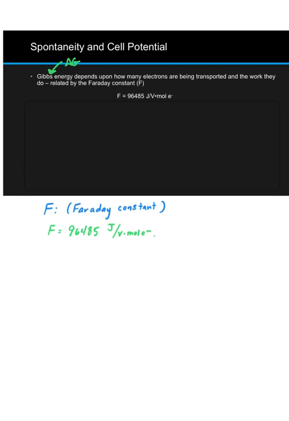Thus, to get units of energy all by themselves, we would need to multiply this Faraday constant by something that's got quantities of volts and another quantity in moles. What that ultimately looks like is that the energy associated with an electrochemical cell, delta G, under standard conditions, is given as N, number of moles, times the Faraday constant, F, times the standard cell potential in volts for a redox reaction.